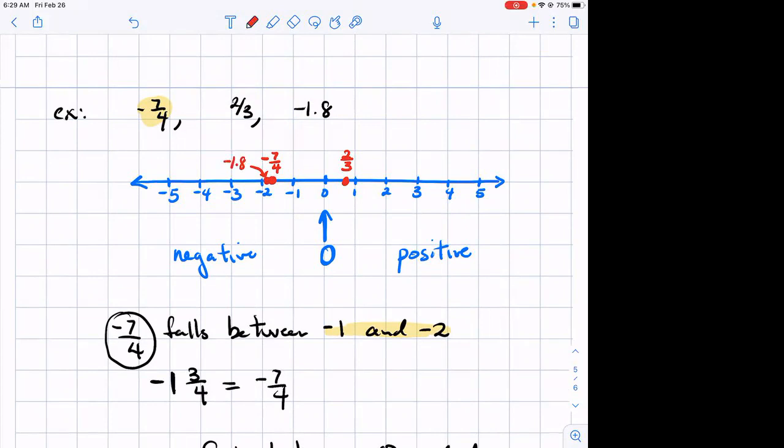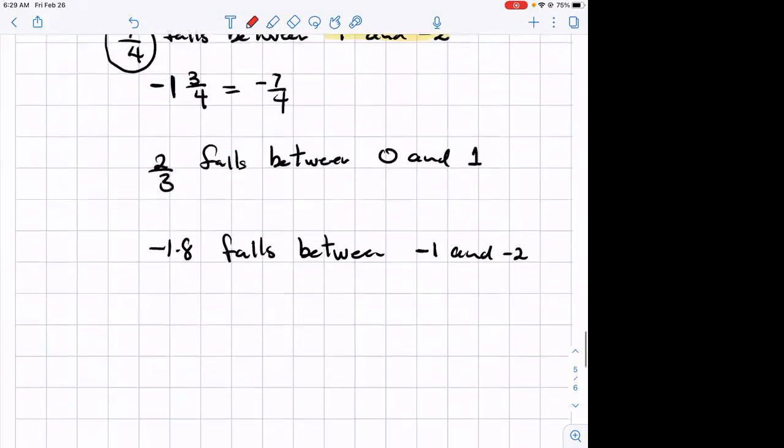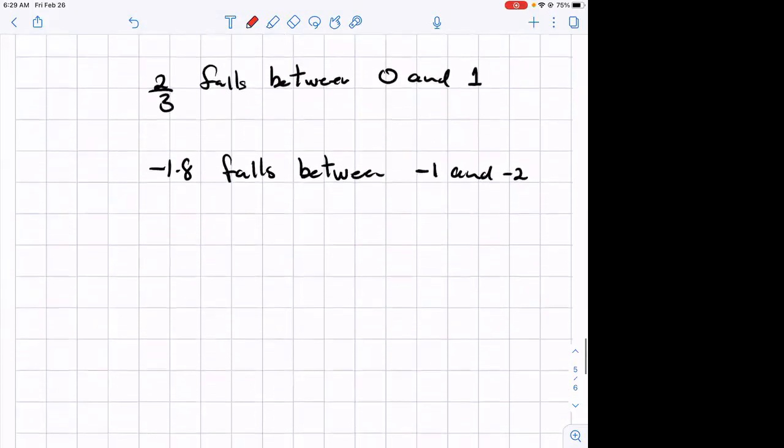So you should be able to plot points on a number line. And that's what I said, I don't want to spend a lot of time on plotting points here. What I do want to talk about is the ordering of these numbers. Ordering, okay? Because my goal right now is to talk about something called inequalities.